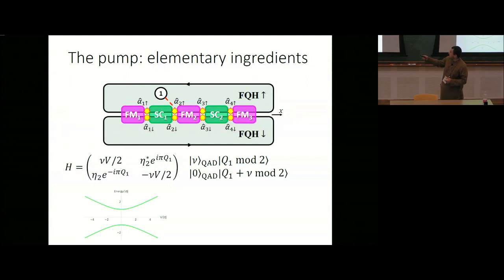I can allow my quasi-particle to tunnel to a different Parafermion, to this one. Nothing really changes. It's either dot-occupied, superconductor in state Q1, or dot-empty, superconductor in state Q1 plus one quasi-particle.